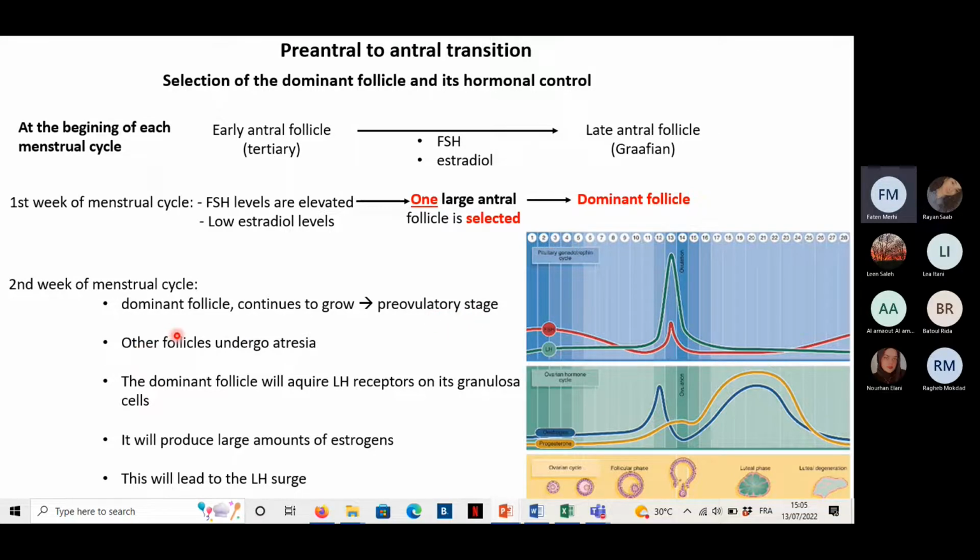The other follicles will all undergo atresia due to the drop of FSH, because we don't have FSH anymore. And the dominant follicle will acquire LH receptors on its granulosa cells, and it will produce large amounts of estrogen. This will lead to an LH peak and LH surge.